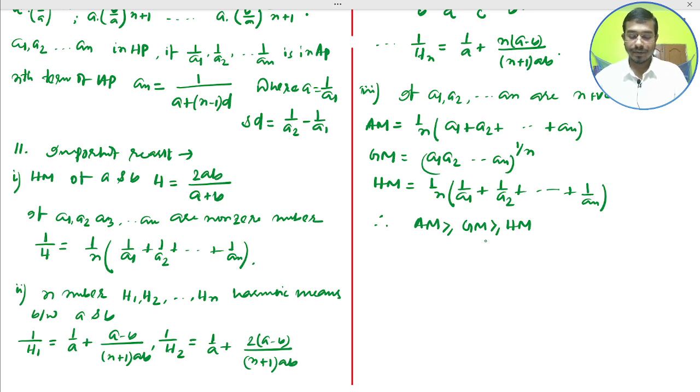Next, the arithmetico-geometric sequence. Okay, very important. This is 12.